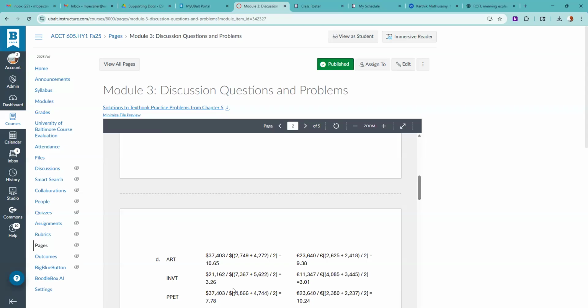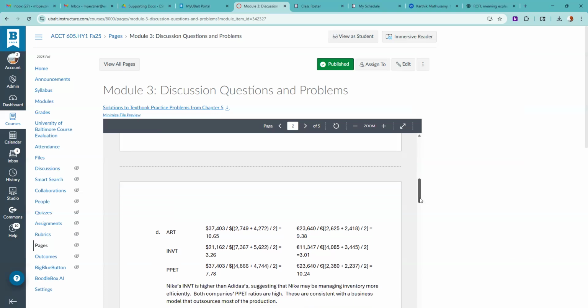PP&E turnover, which is the ratio of overall sales to average property, plant, and equipment. That's where it seems to be that Nike is worse, right? So they're good with receivables, they're good with inventory, kind of poor with managing their capital equipment, like their capital investments, squeezing dollars out of it.